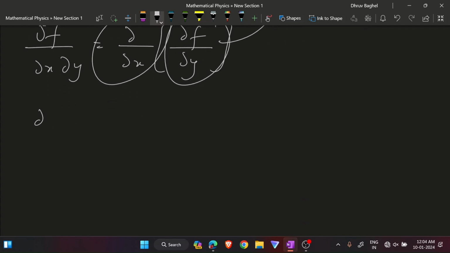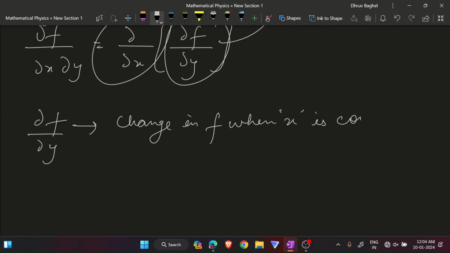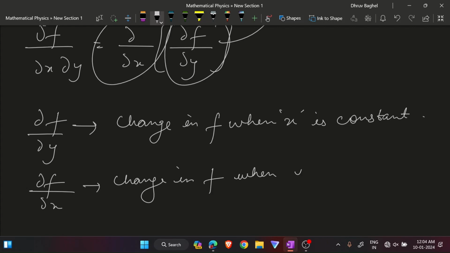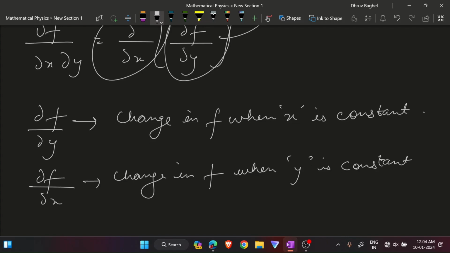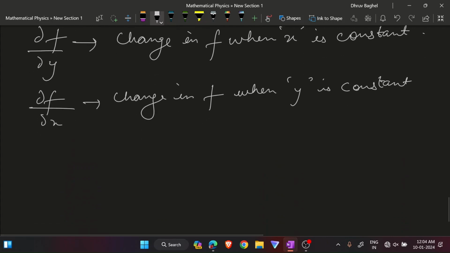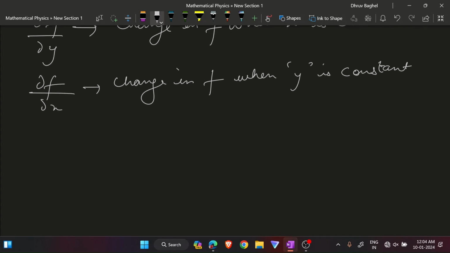What this means is, this is the change in f when x is constant, and this is the change in f when y is constant. We have treated x and y as constant when calculating the change in f.